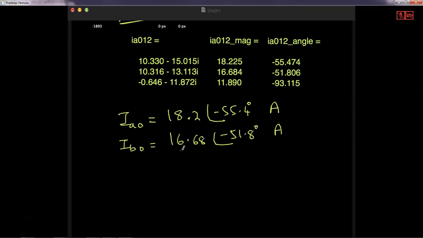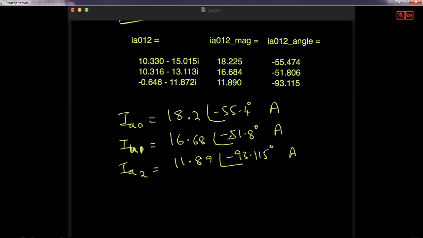This is IA1, the positive sequence current. And then IA2 is nothing but 11.89, angle minus 93.115 degrees. So here I am getting these three currents.